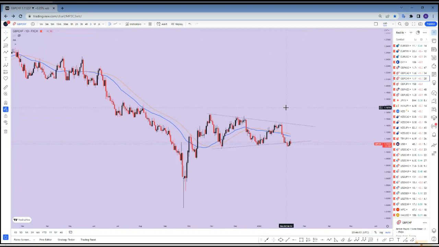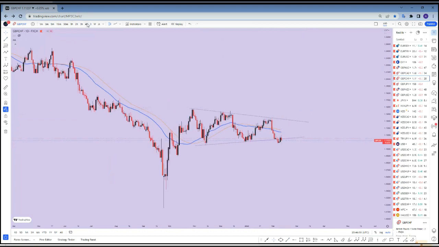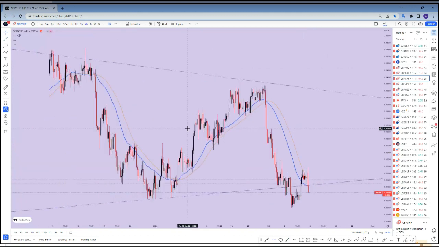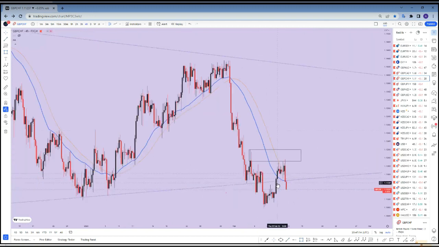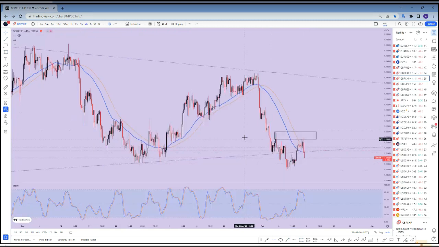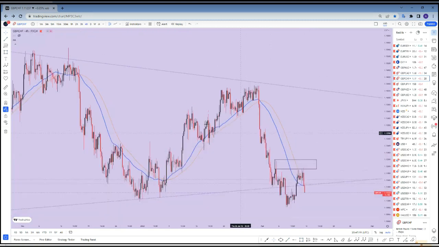Okay, GBPCHF, that's a wedge. We seem to have broken out of that wedge and also come for a retest. So we've come for the retest, and naturally, I think this just tells us GBPCHF is gone.